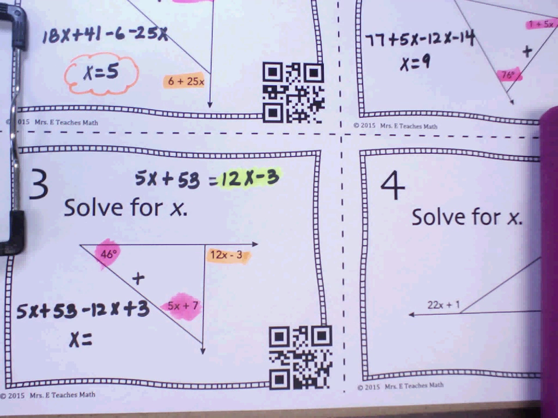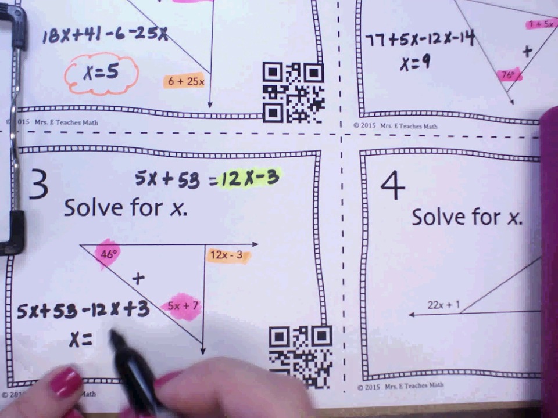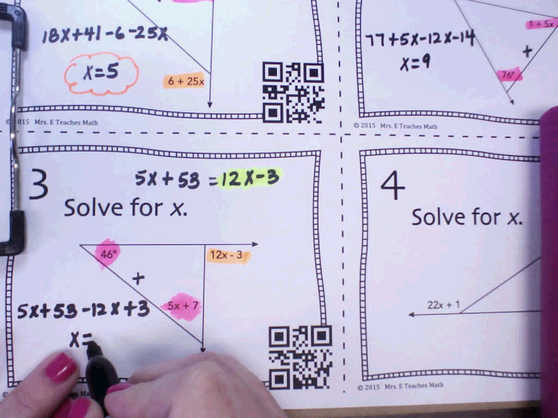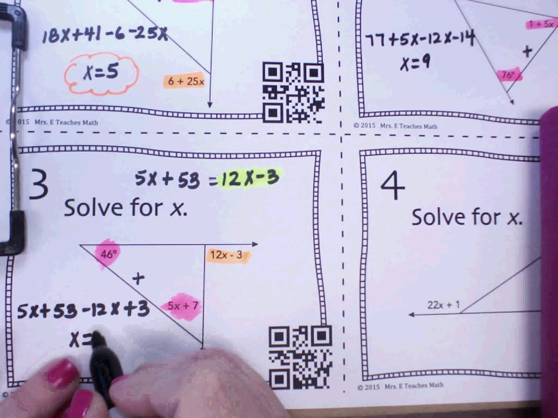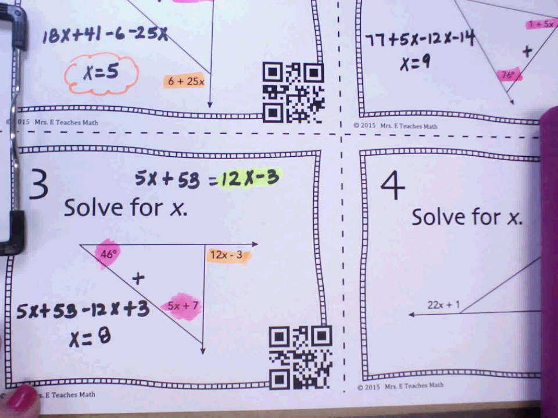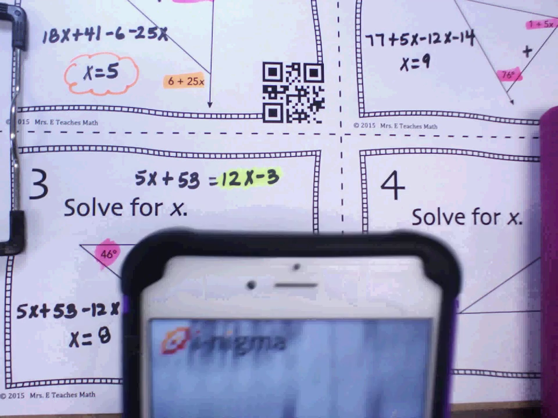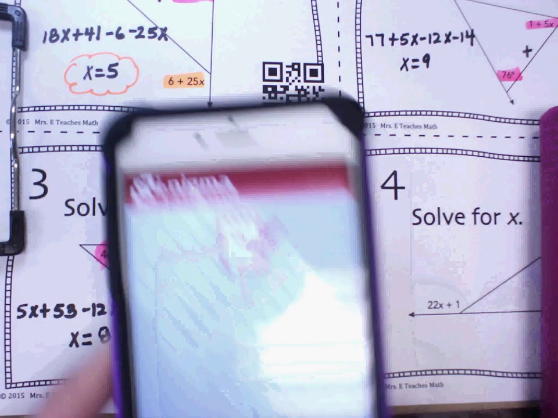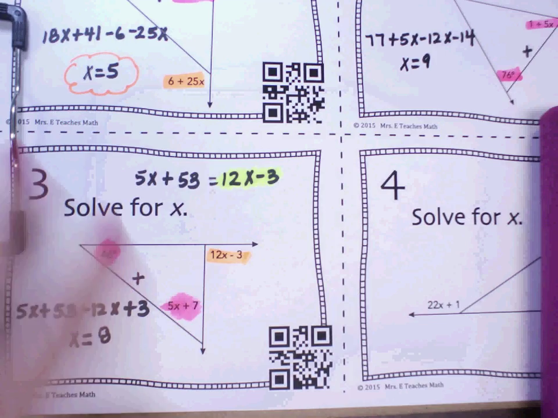Thank you. Yes. Can somebody help? We got it? X equals 8. Very good. So let's scan it. All right, x equals 8.